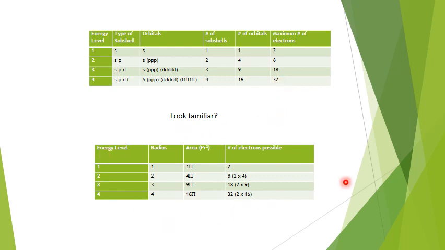Okay, and if we go back to our circle diagram, here's the size, and we said you could put 2 electrons in the first energy level. Well, that's what we just came up with, explaining it with orbitals as well. We said energy level 2 could have 8 because of its size. Well, yes, it can have 8 because it has s and 3 p's, and each one of these orbitals can have 2 electrons.